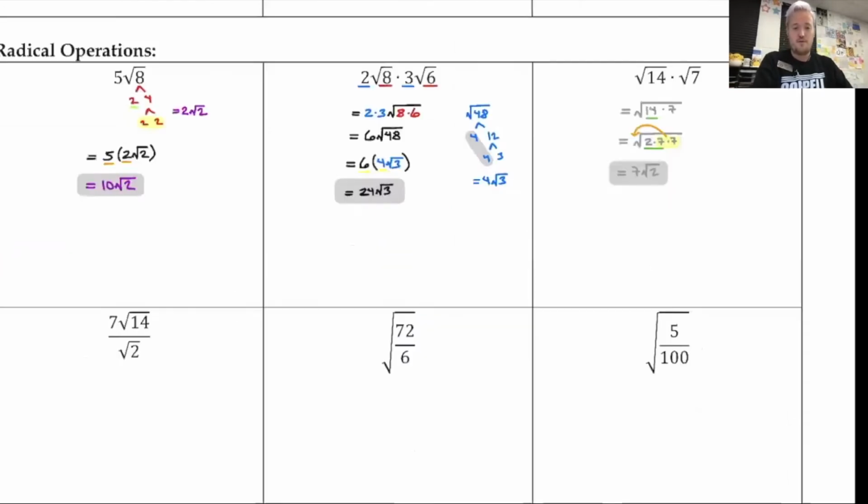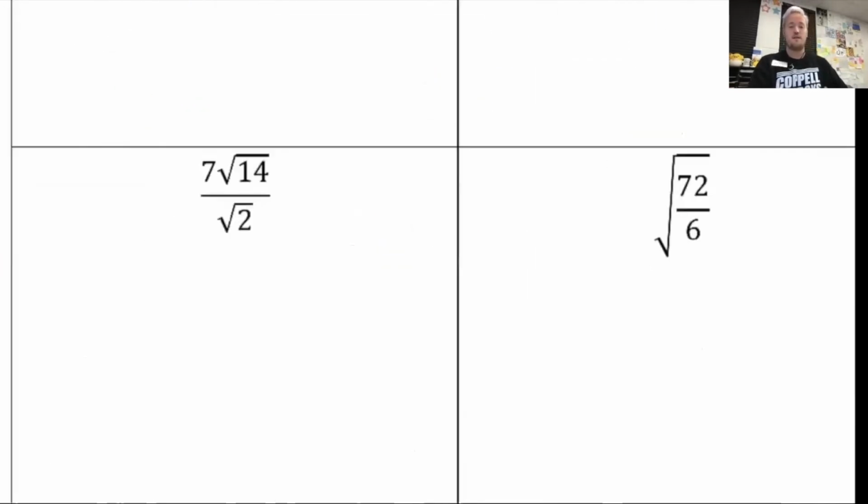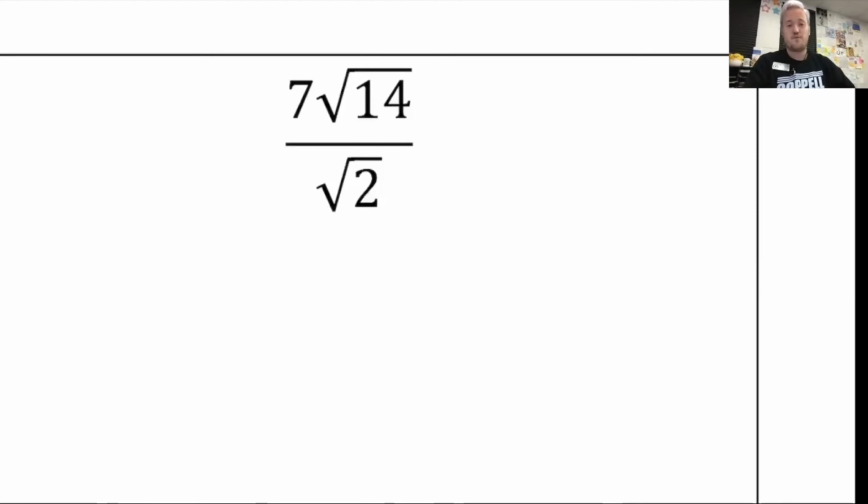All right, so now we're going to move on to division. So we have 7 root 14 all over the square root of 2. What I'm going to do here is combine the radicals into 1. So we have 7 times the square root of 14 over 2.